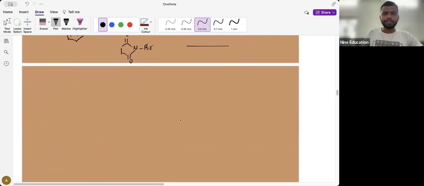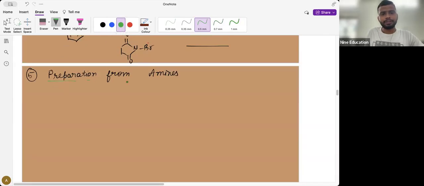Now we are doing the next preparation. This is our fifth preparation, the preparation of alkyl halides from amines. You all know the amine functional group is NH2.